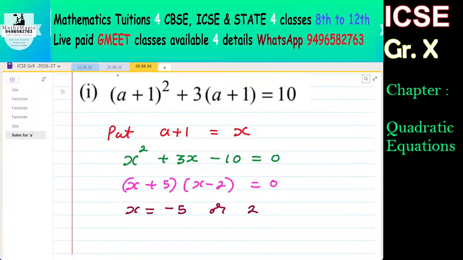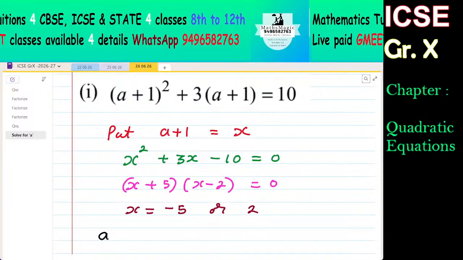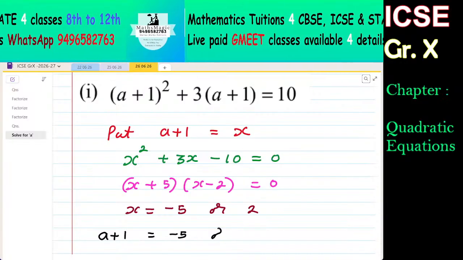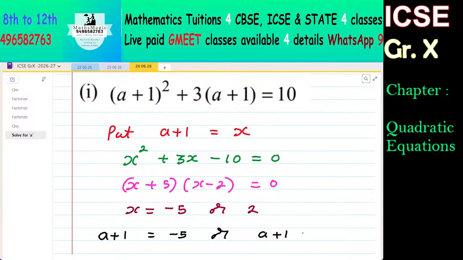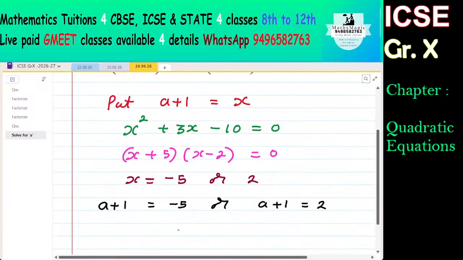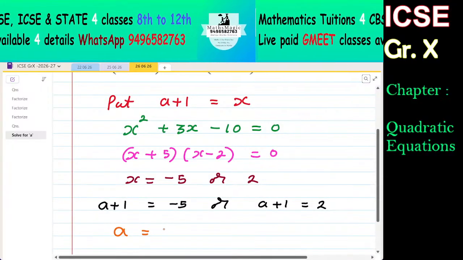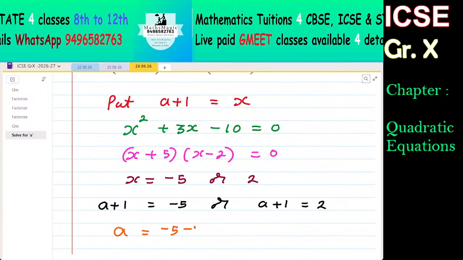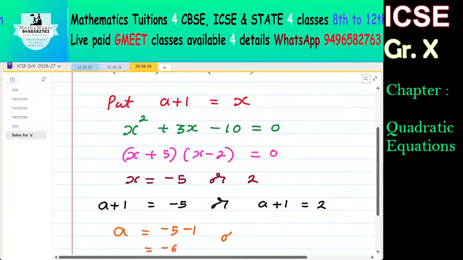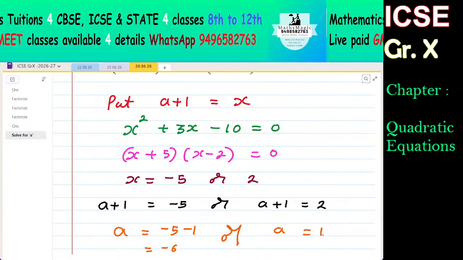But we need to find the value of a. So for that, we need to put a plus 1 equals negative 5, or a plus 1 equals 2. Now we will have both the values of a. Negative 5 minus 1, which will be equal to negative 6, or 2 minus 1, which is 1.